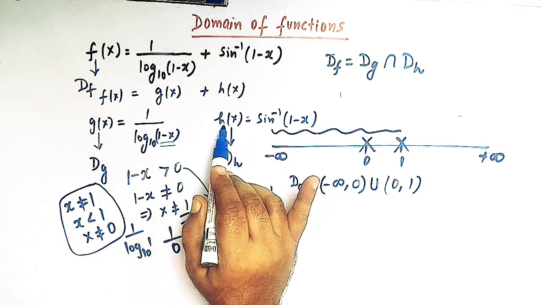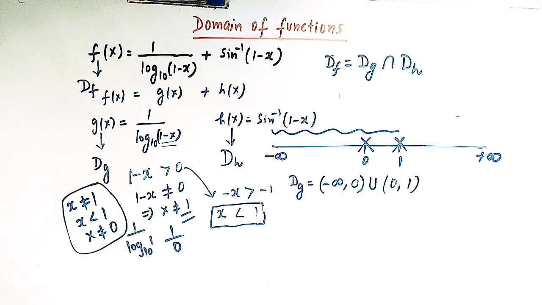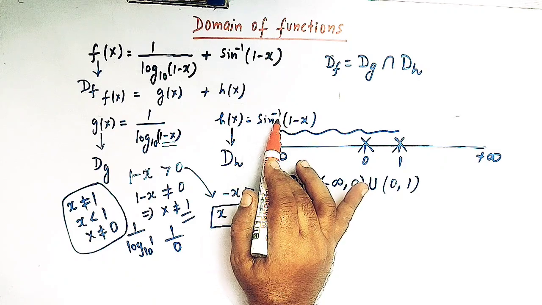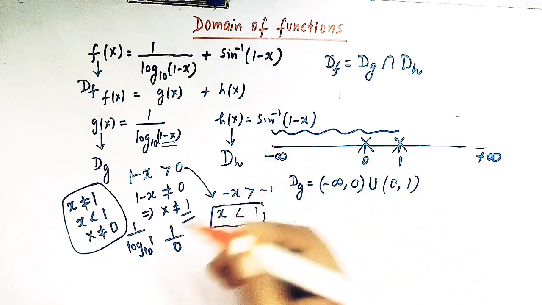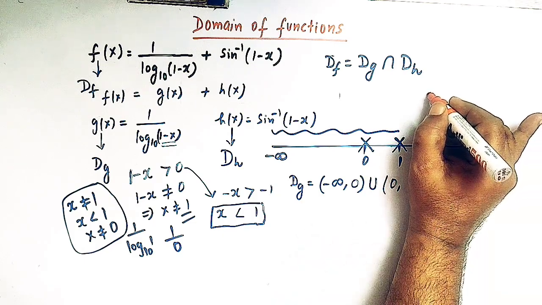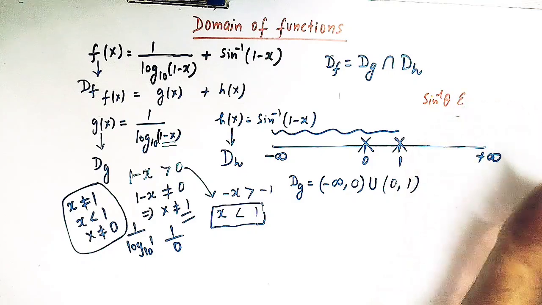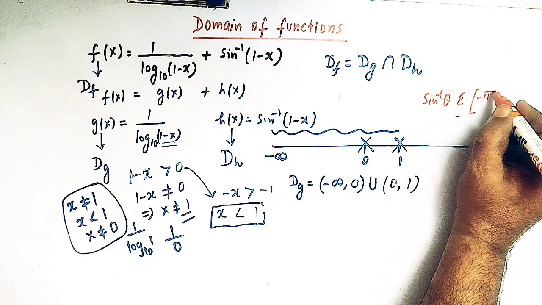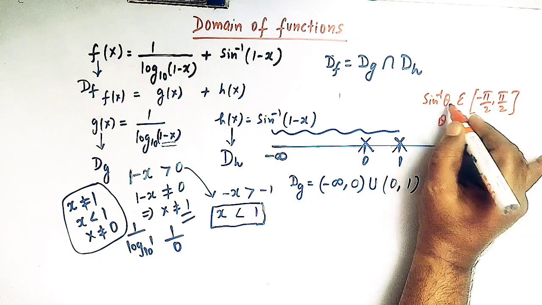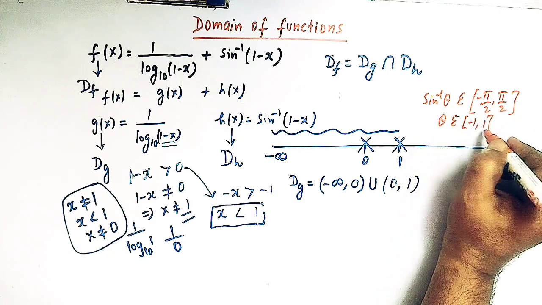Now let us find the domain of h of x. Here we have the inverse sine function, and we know from the theory of inverse trigonometric functions that sine inverse theta has the principal branch from minus pi by 2 to pi by 2, provided this theta belongs to the interval minus 1 to 1.